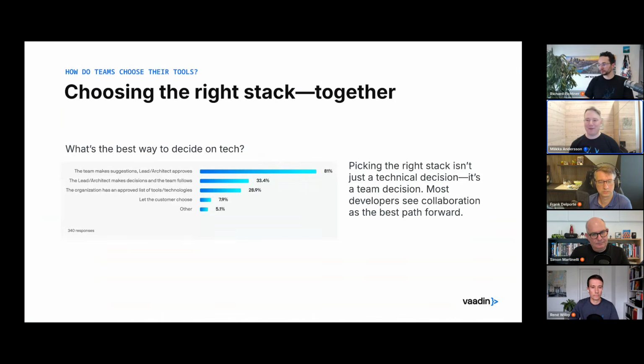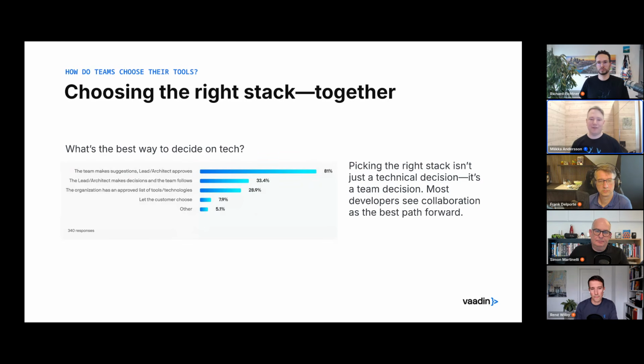And there are many approaches to this, but the preference among developers seems to be that it's a collective decision, that those who are actually using the tools and frameworks and libraries and whatnot, building the applications, will be part of the process of deciding which tools, which technologies we should be using.